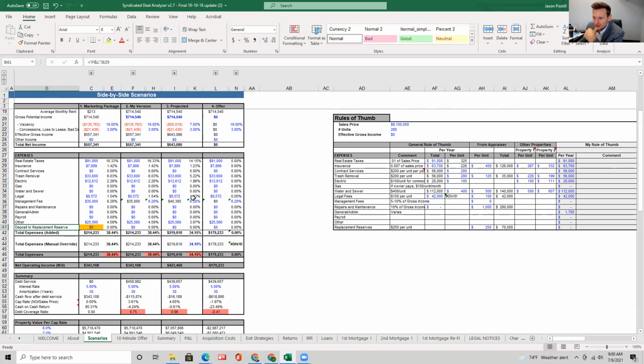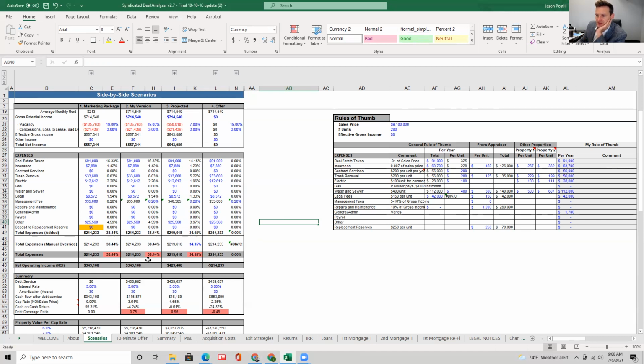Why is this one later? Oh, this had 40%. I see. Management fee. Okay, 35. Yeah, gave the vacancy. It's on a pro forma. Okay, my version though.